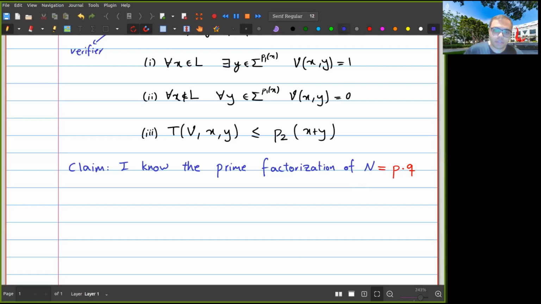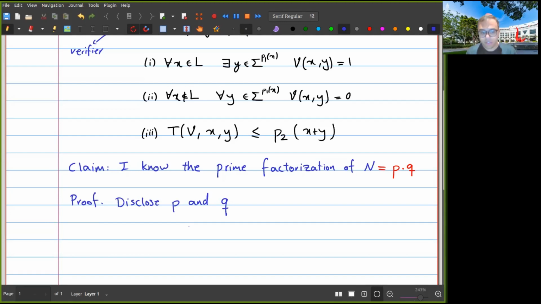Now, of course, a very simple proof would be if I just give you p and q. So the simplest proof is disclose p and q. And so in this case, I'm the prover. I want to prove this, so I just give you p and q, and you're the verifier.